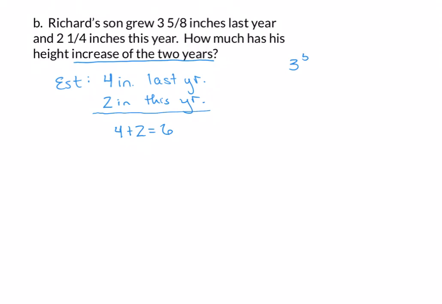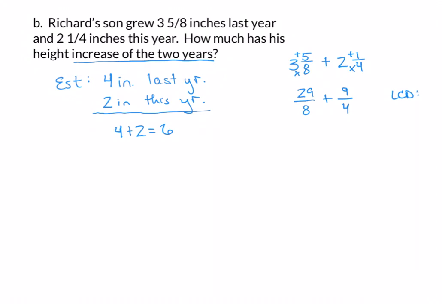So let's go ahead and set up our exact problem. I'm going to go ahead and convert to improper. 8 times 3 is 24, plus 5 is 29 over 8, plus 4 times 2 is 8, plus 1 is 9 over 4.